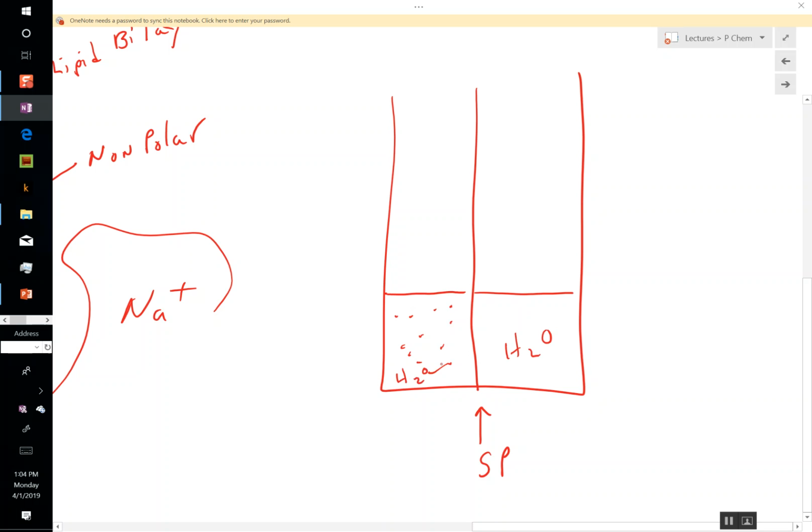Water and whatever's in there. Could be sugar, could be salt water. It just has something dissolved in it. And so to try to equalize the concentrations on either side of this membrane, water goes in this direction. So this goes down and this level goes up.